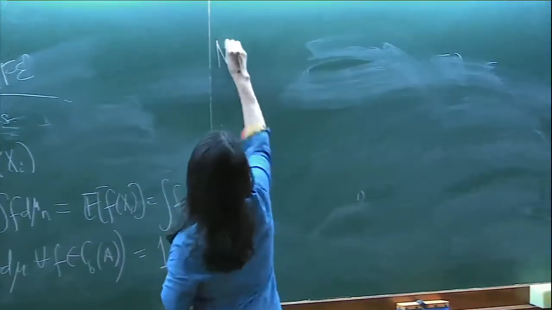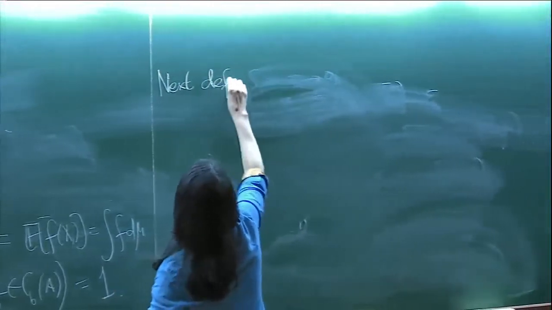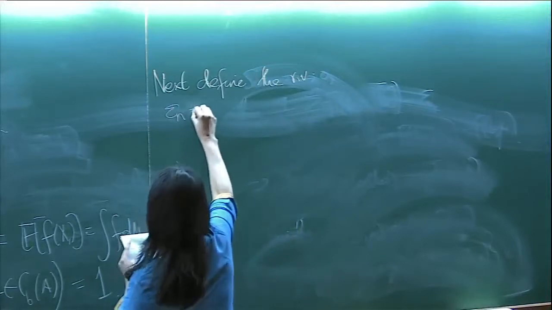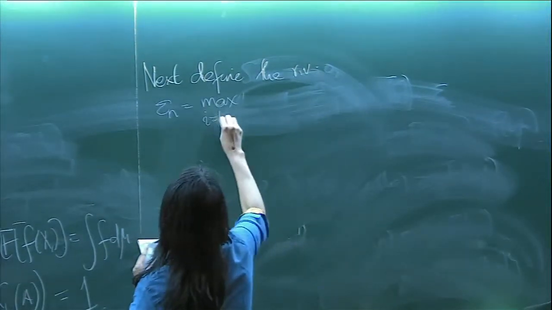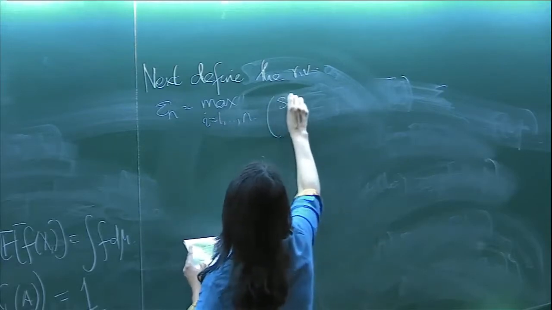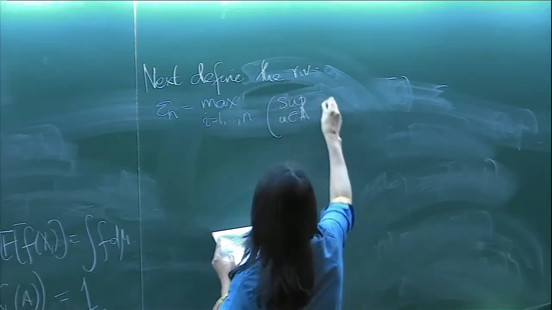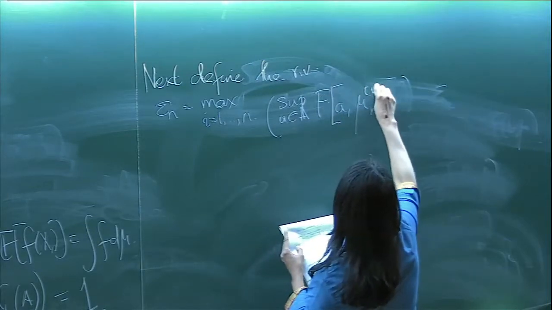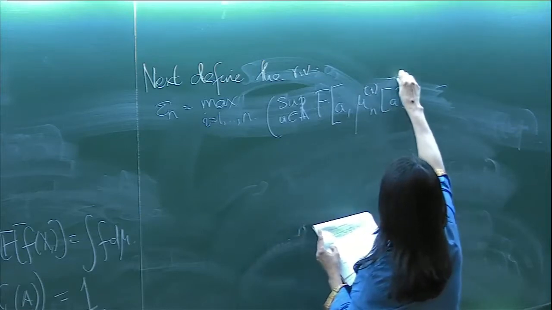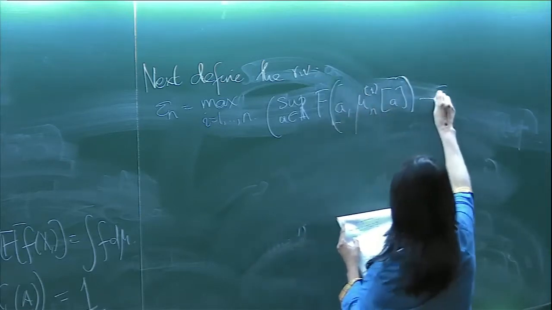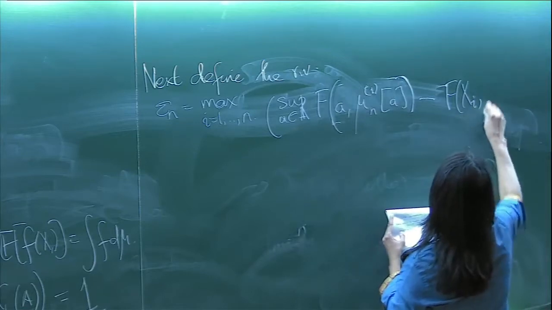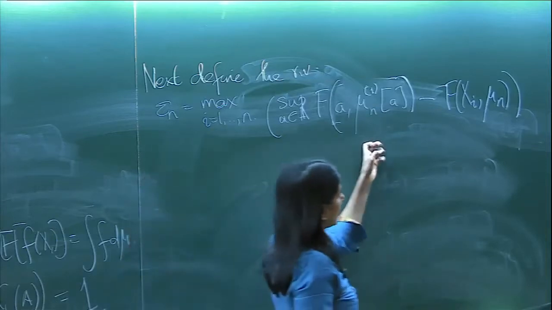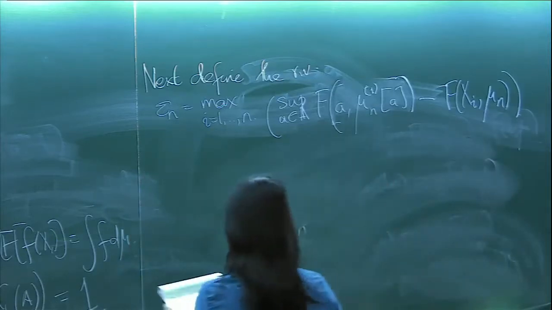Okay, so now you next define the random variable epsilon_n, which is just looking at mu_n^{i,a} and then minus mu_n.